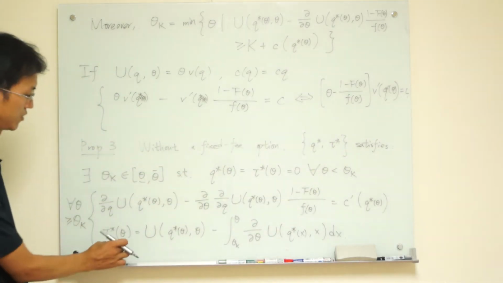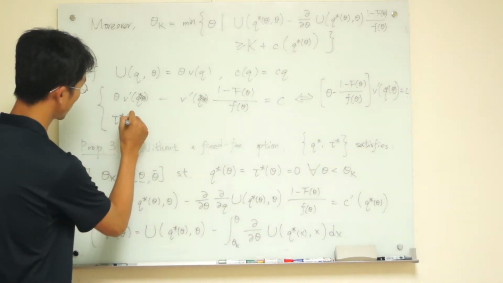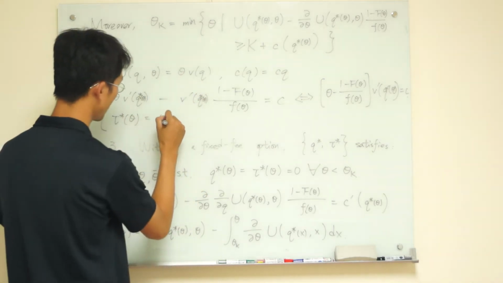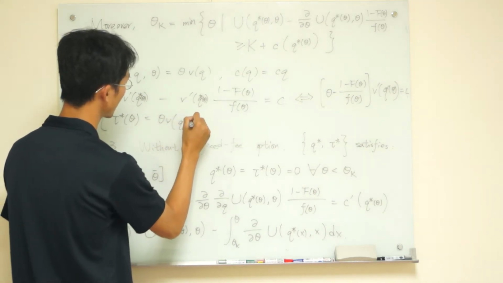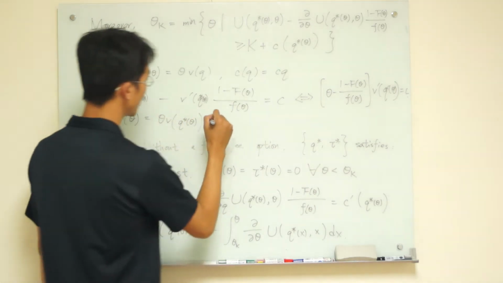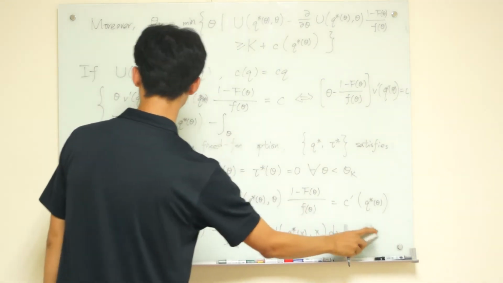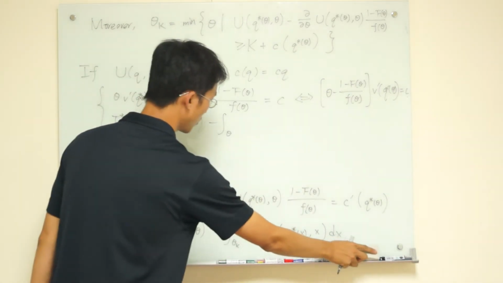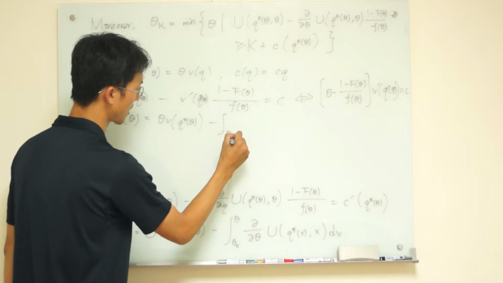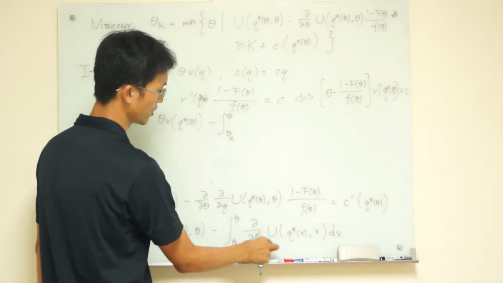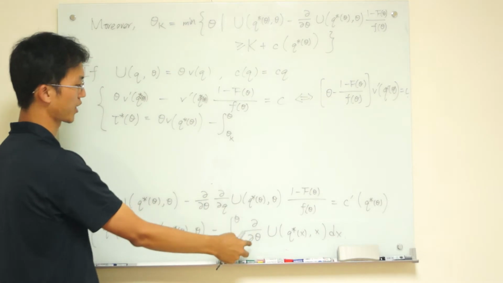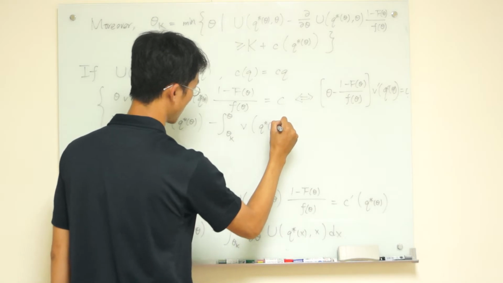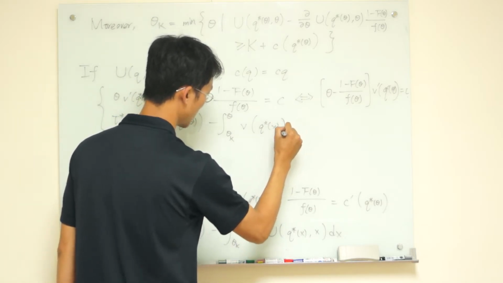How about the transfer? Let's see what's going to happen with our transfer. This u function is this guy, and that's going to be an integration from theta k to theta of the first order derivative with respect to theta, v of q star of x, dx.